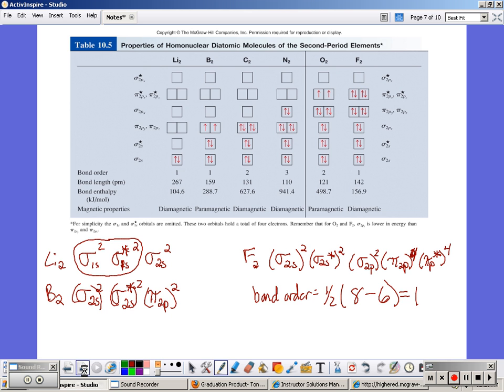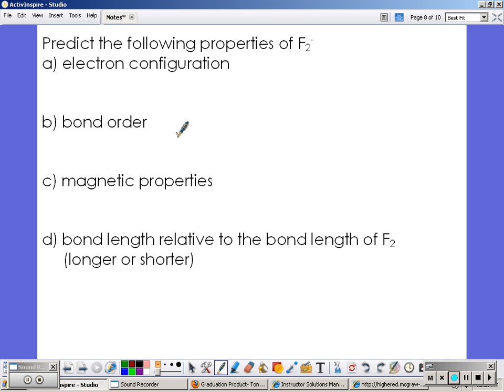Let's do the same thing, but let's do F2 minus. So F2 minus would be sigma 2s squared, sigma 2s anti squared, pi 2p to the fourth because there's two of them, sigma 2p squared, anti-pi to the fourth, and then sigma 2p anti to the first, because we added an extra electron.